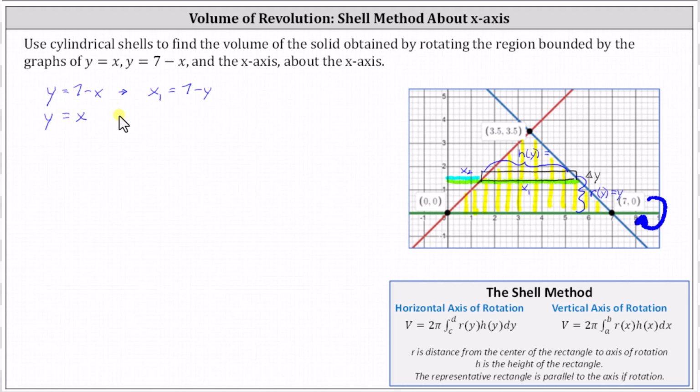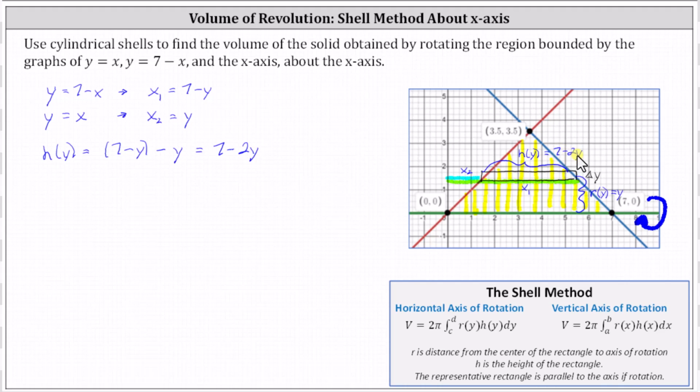And since y equals x, x2 is equal to y, which indicates h of y, again, is equal to x1 minus x2, or the quantity 7 minus y minus y, which gives us 7 minus 2y for h of y.